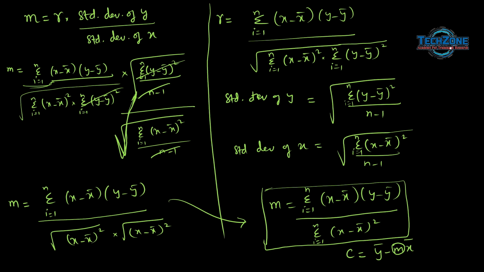We can calculate y bar, which is the average of all the y's, and x bar, which is the average of all the x values. If we plug in all the values, we'll get the value of c. So finally we'll have y is equal to mx plus c, so we'll have m and we'll have c.